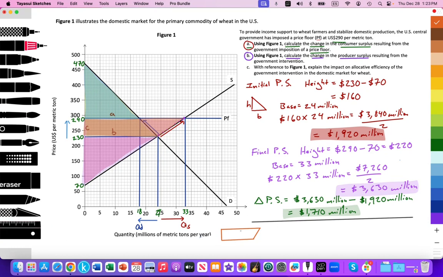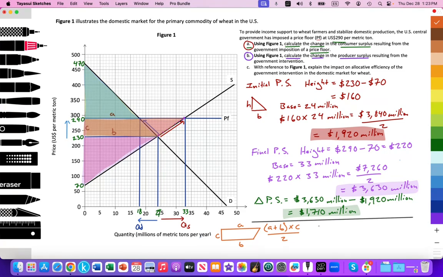And the formula is adding up the two lengths, A and B, multiplied by C. So we have A plus B in brackets times the height of C divided by 2. So let's add up the two lengths. The two lengths is 33 million plus 24 million.